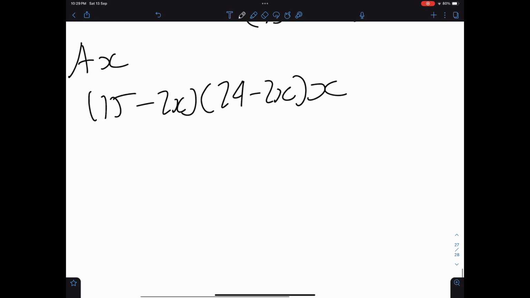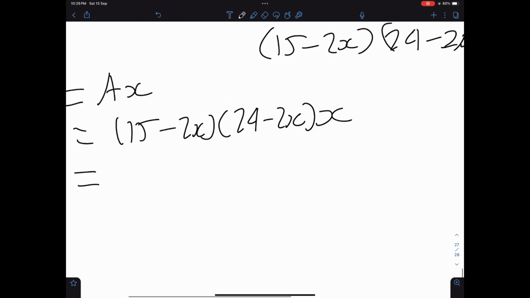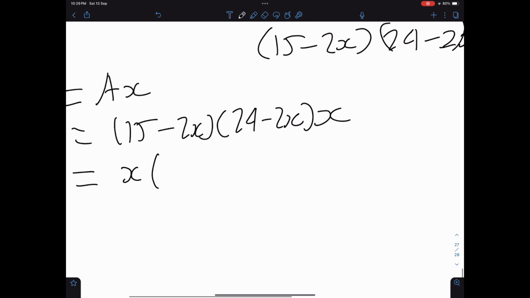So then if we just expand this, I'll leave that x out, we'll get 4x squared, and then we'll get 78x, because 24 plus 15 is 39 times 2 is 78, and then we'll get 360.